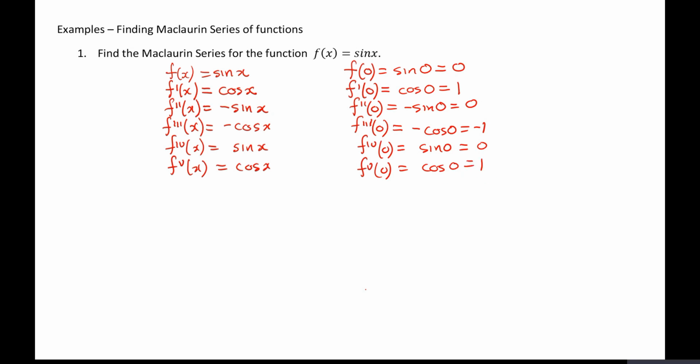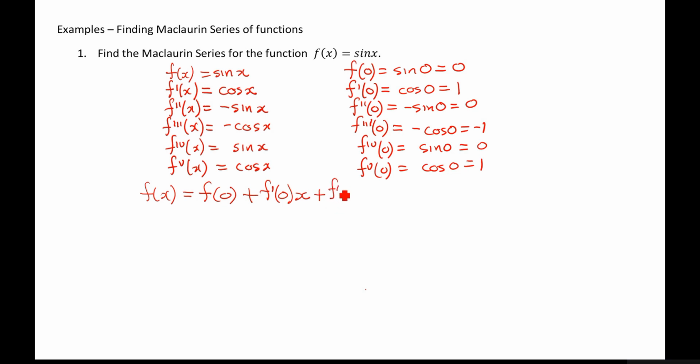Okay, so here I found 5 derivatives. Now I substitute into the Maclaurin formula. So let me write the Maclaurin formula once again. f of x, what's the first term? f at 0. Second term, first derivative at 0 times x.